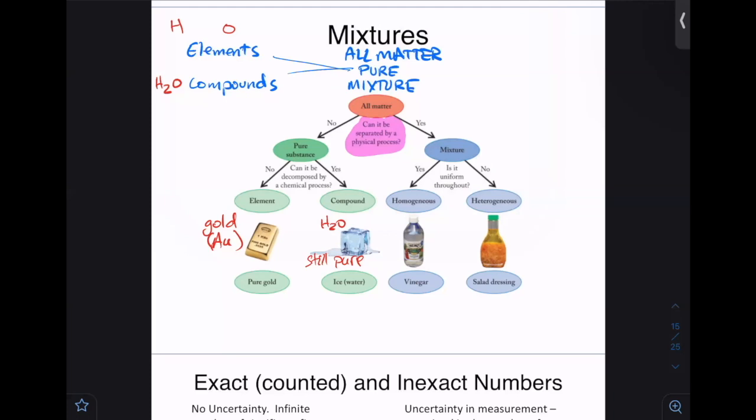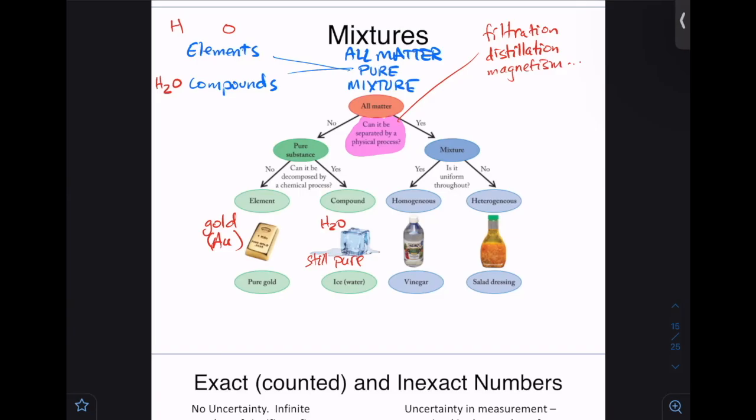And what do I mean by separating from a physical process? This could be something like filtration. It could be distillation. And don't worry if you don't know what some of these words mean. You can separate things by magnetism. It doesn't matter what the technique is.